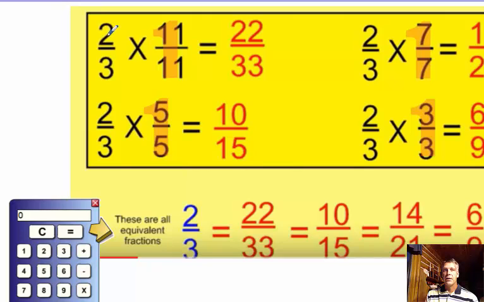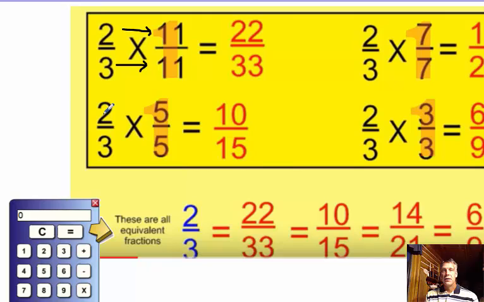If I multiply across, 2 times 11 and 3 times 11, I'm going to get 22 over 33. Now, since 2/3 times 1 should still be equal to 2/3, and it is, 22 over 33 is still 2/3. It's still the same amount.